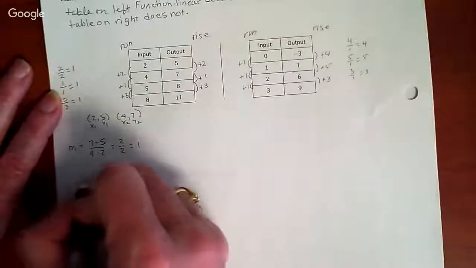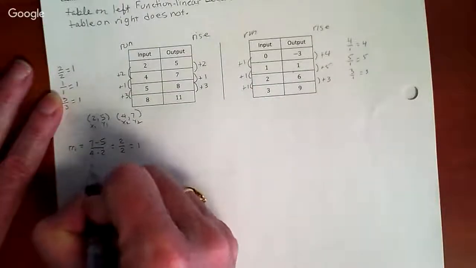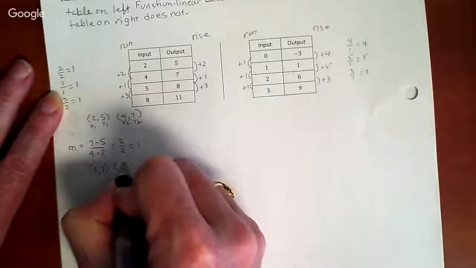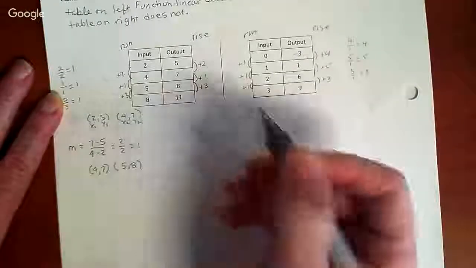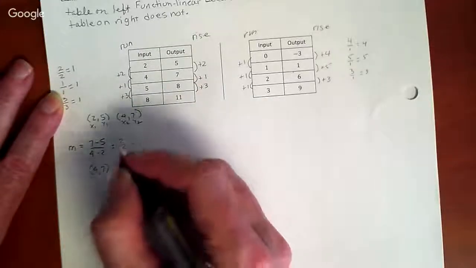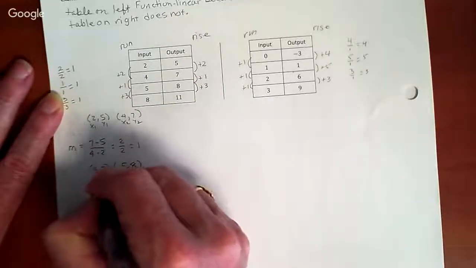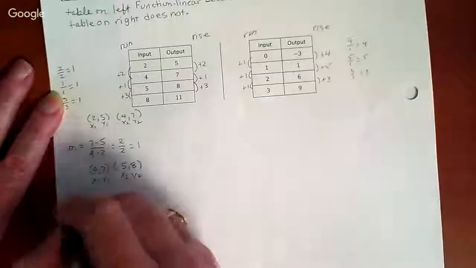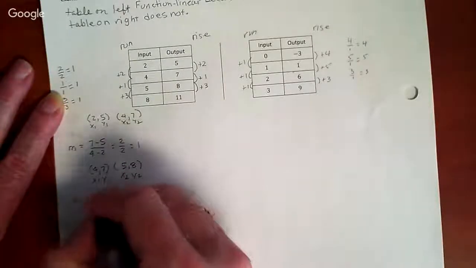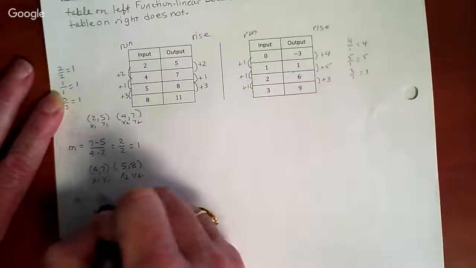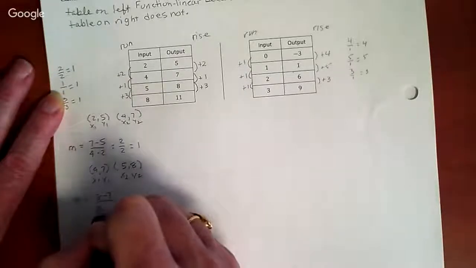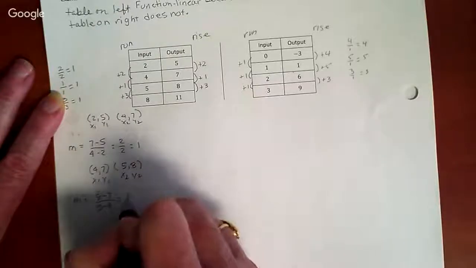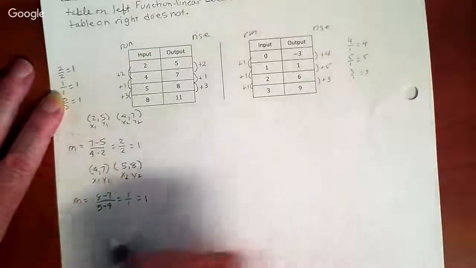Then I also have 4, 7 and 5, 8, with x1, y1, x2, y2. For that one, I have 8 minus 7 over 5 minus 4. Again, here I've got 1 over 1, which equals 1.